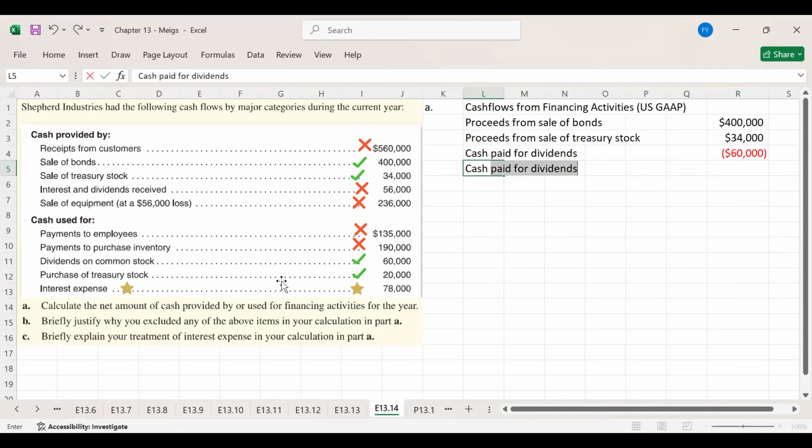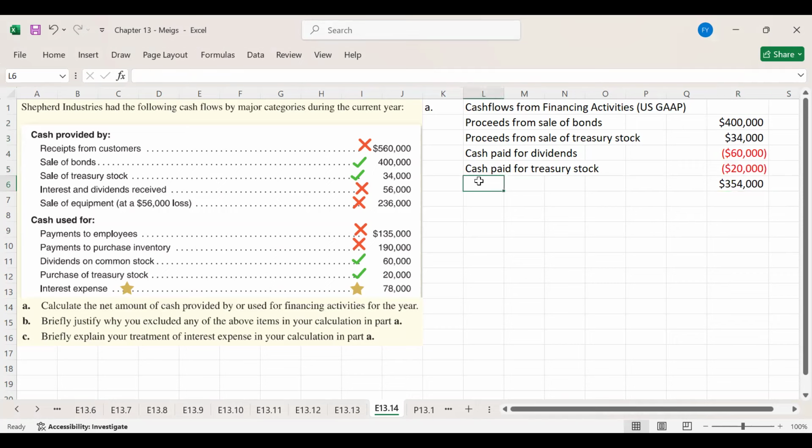Cash paid for treasury stock, which is $20,000, so we are deducting it, minus 20,000. So this is the total cash flows from financing activities.